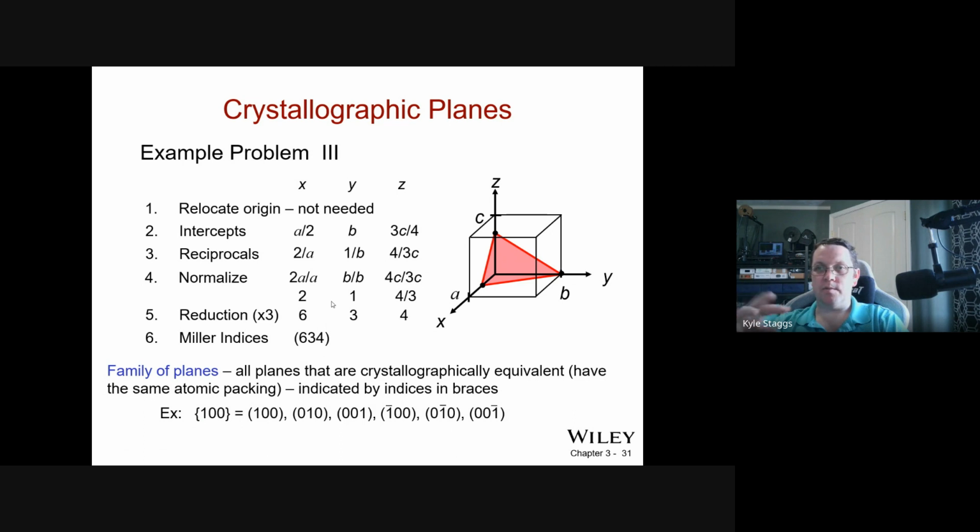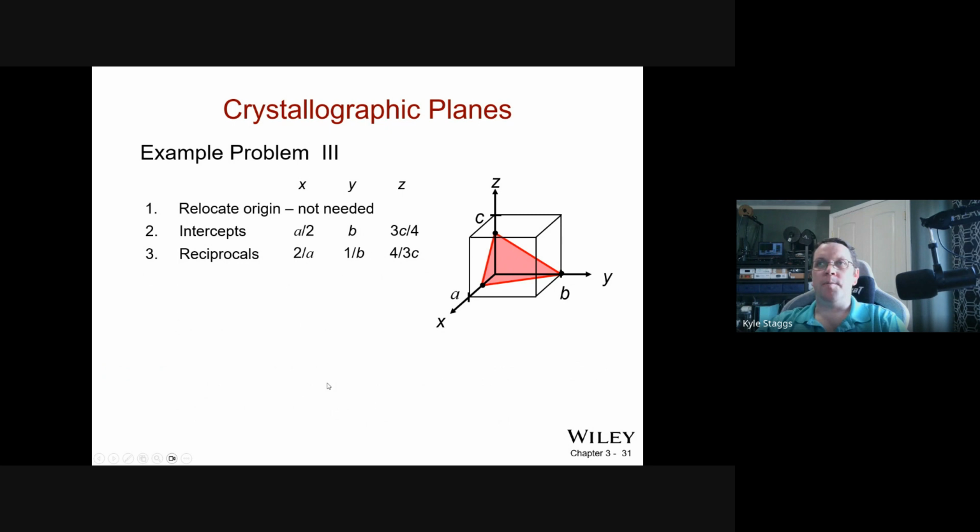So basically those three and the opposites of those three, meaning if any of them is planar in two of the axes, it is in the same family as one that is planar in any two of the other axes from any different side of the origin, is really all that that's saying.